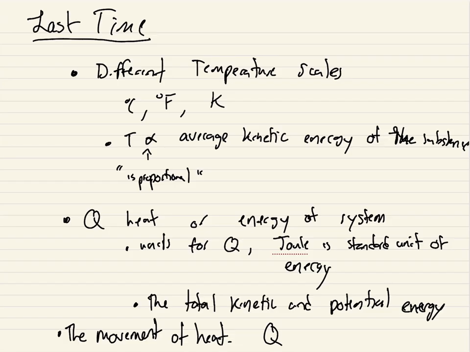If you have boiling water and you leave it in the air, the boiling water is hotter than the air around it. Eventually, they reach the same temperature. So heat moves from one to the other. The hotter substance, the boiling water, transfers energy to the air around it. So heat moves from the hot thing to the cold thing. We have a feeling for that just from everyday experience.